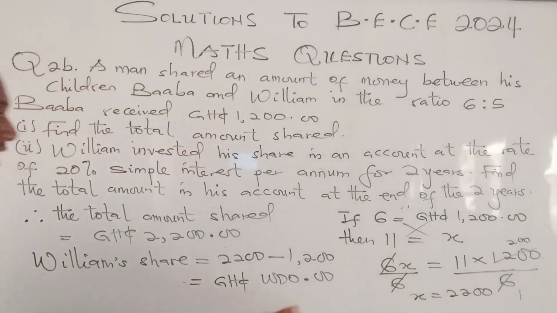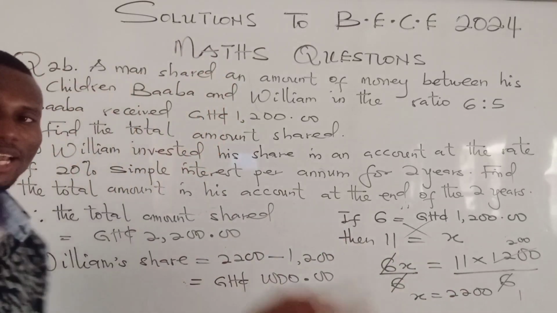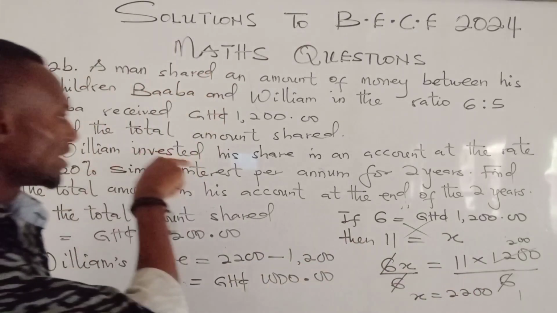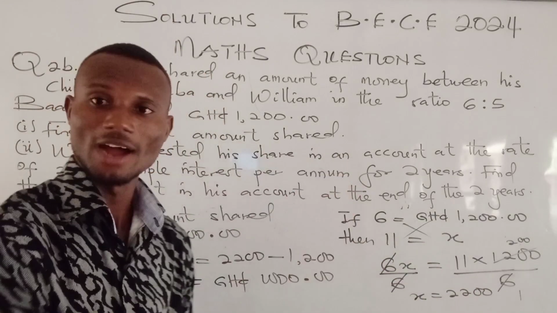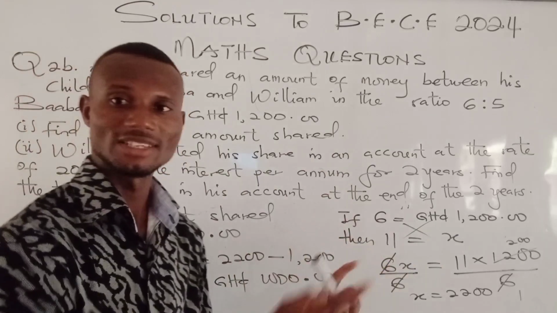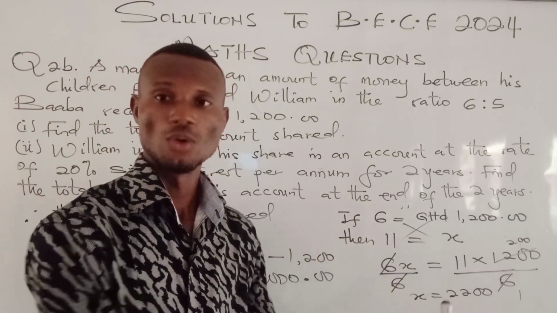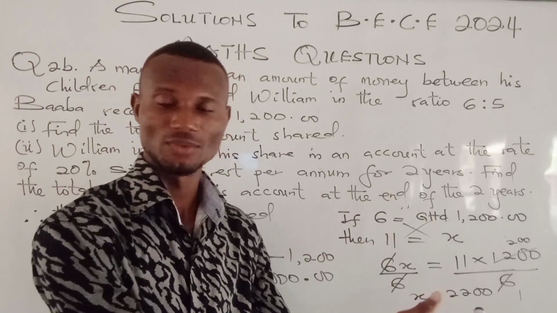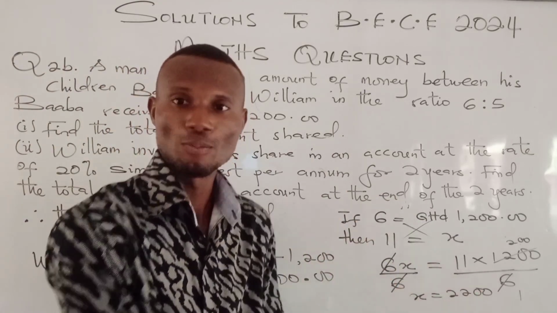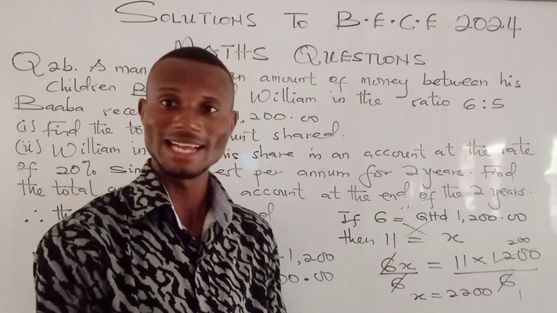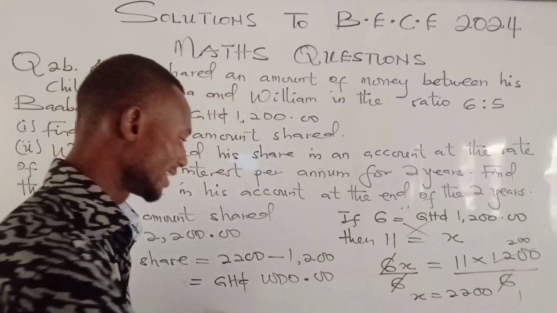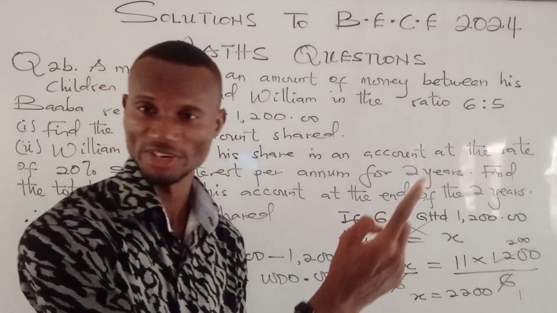So this 1,000 Ghana cedis now becomes the principal, because it says William invested his share, and we found that William's share is 1,000 Ghana cedis. The money that you deposit in an account with the hope of getting an interest on it is called principal. So this 1,000 Ghana cedis is now principal.